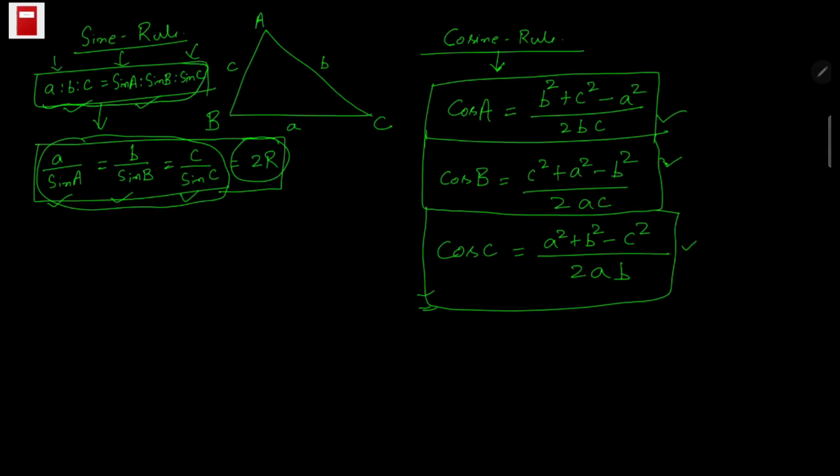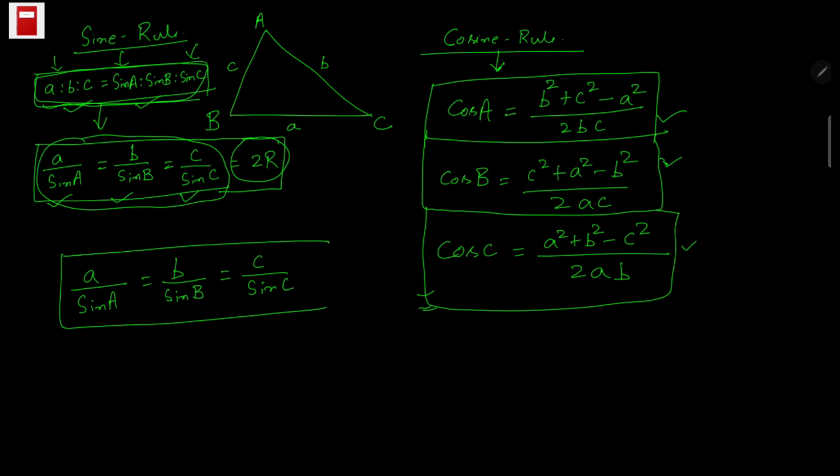But having said that, please make sure that you understand the usage of this ratio. There should be no confusion about it. I'll write it again: A upon sine A is equal to B upon sine B is equal to C upon sine C. So even if I'm using trigonometric formula, it doesn't mean that trigonometry is an essential requirement for your exams.